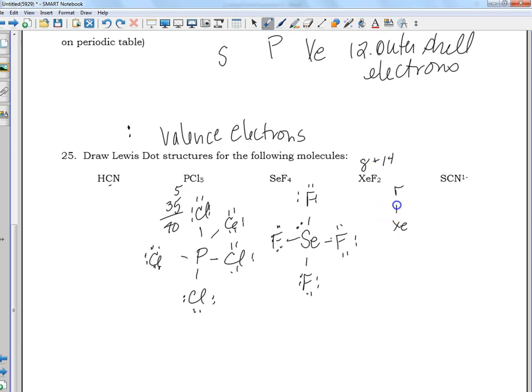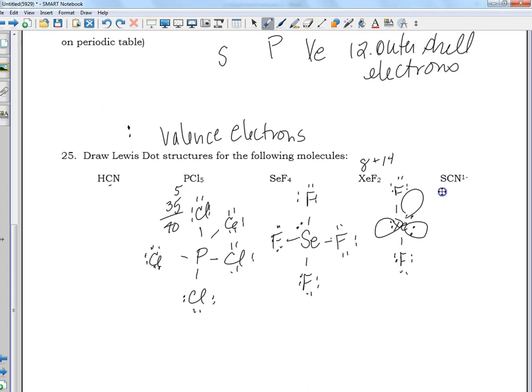Counting them out, we have actually 3 lone pairs on that Lewis dot structure.